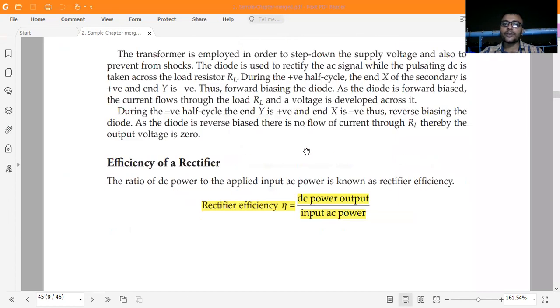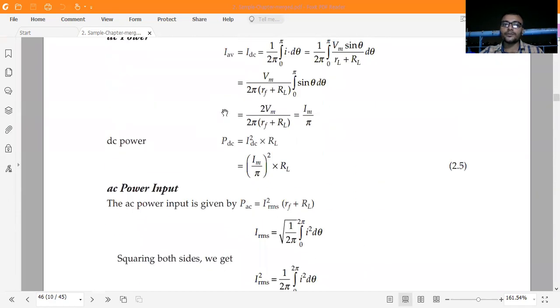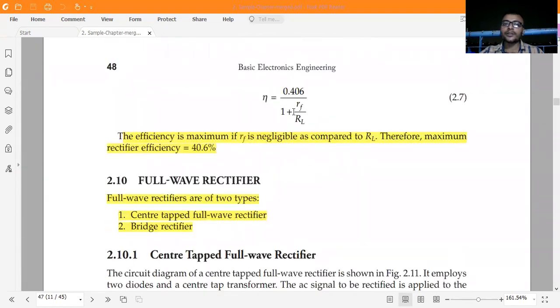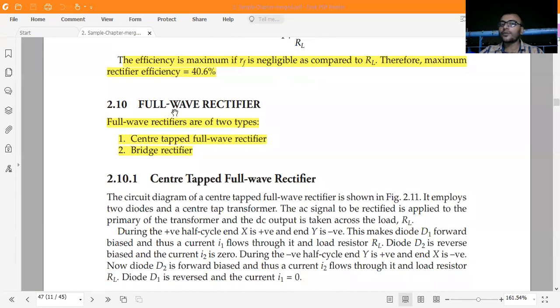Then we can also find out the power. The efficiency of the half wave rectifier is a maximum of around 40.6%, but if you supply 100 volts, we will get only 40%. It is not useful, so we go for the full wave rectifier.